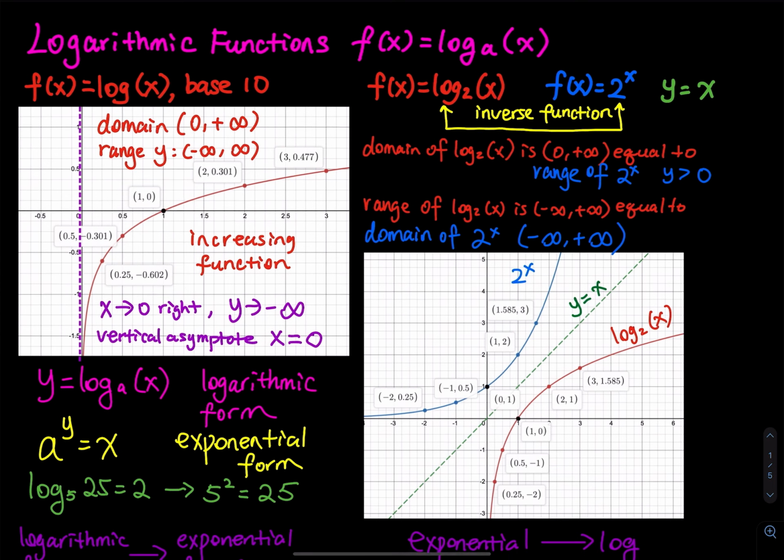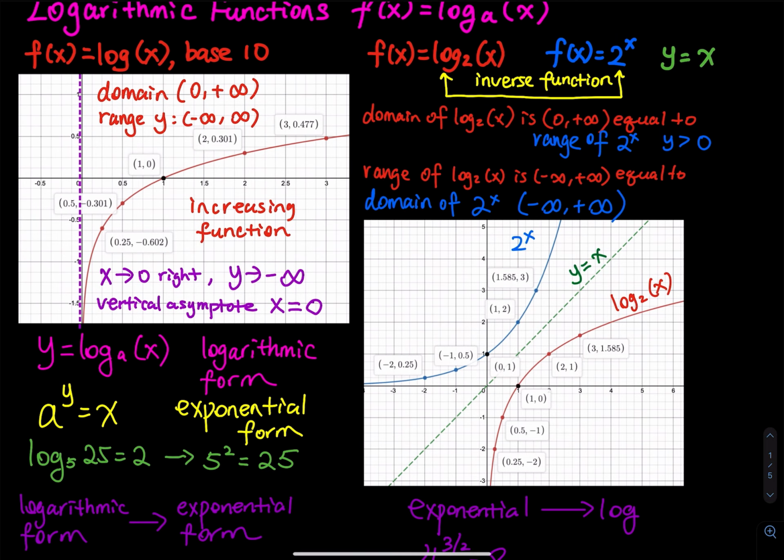Moving on to logarithmic form and exponential form. I mentioned the logarithmic function again, y equals log base a of x. This is in logarithmic form because you see log, right? And then a to the y power equals x, this is called exponential form. How do we get that? Let's say we have log base 5 of 25, this equals 2. Do you know why?